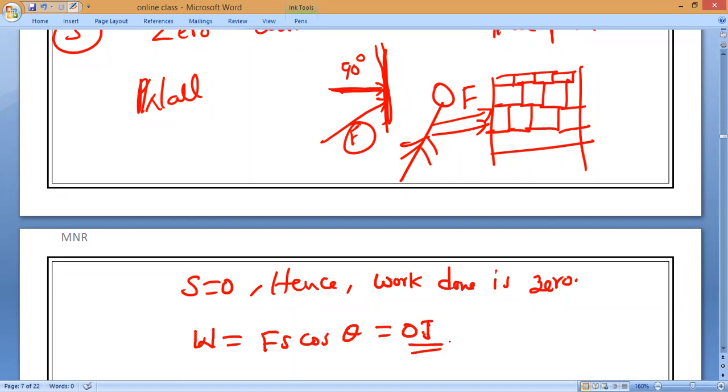Now, all of you, negative work done, positive work done, and zero work done. Anything doubt? That is what you have to remember. If you understand this, then we can solve most of the questions related to work done.